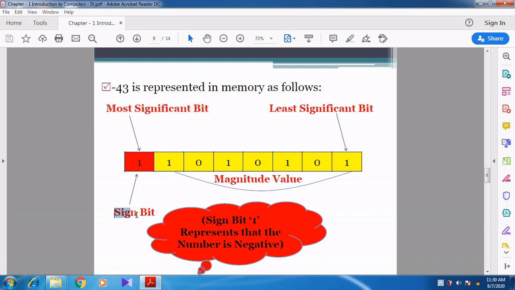It is otherwise called the sign bit. So what is stored in the sign bit? Number 1 is stored in the sign bit. If the number 1 is stored, then that is called a negative number. Right.